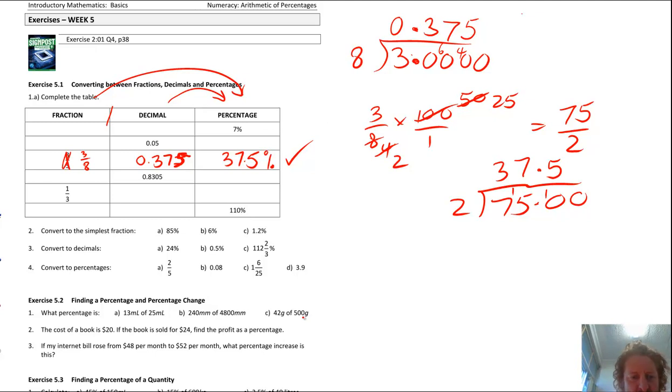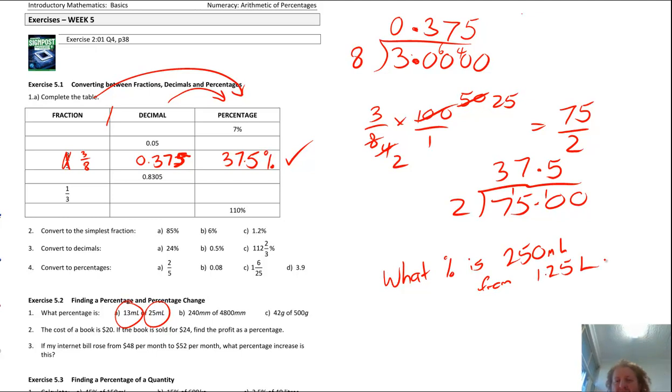We've got percentage change. Remember, it's just comparing whatever you're discussing over the total. Make sure the units are the same. Looks like I've got nothing sly in there, but if someone said, what percent is pouring a 250ml cup of Coke from a 1.25 litre bottle, I'm comparing 250 mils to 1.25 litres.